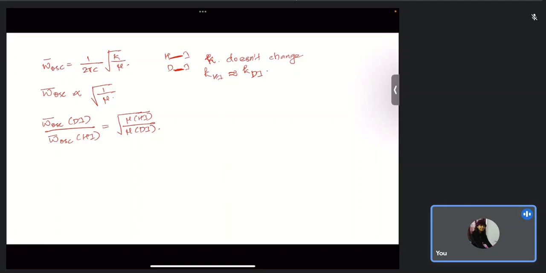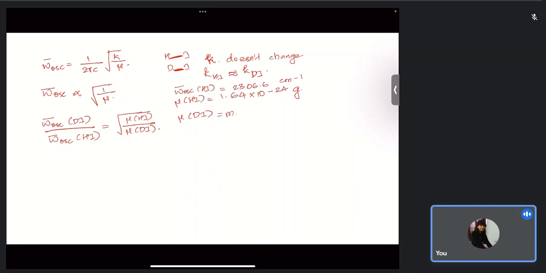Now we know mu of HI: 1.64 into 10 to the power minus 24 grams. We have to find mu of DI, and we already know omega bar OSC of HI is 2306.6 centimeter inverse.